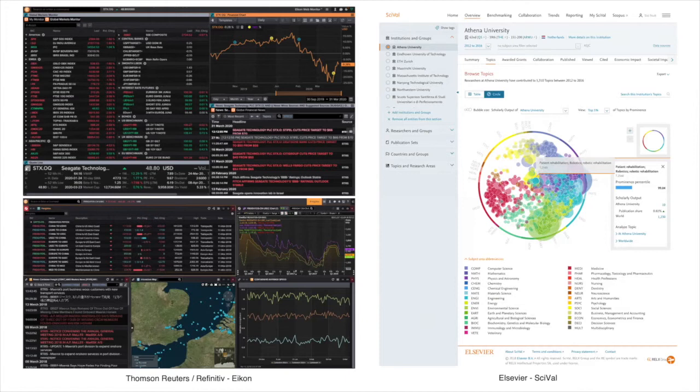And at TR, we were making software for financial professionals, traders, investment professionals. At Elsevier, we're making tools for academics, universities, delivering a suite of products into a really complicated ecosystem of research institutions, researchers, and organizations that fund research.